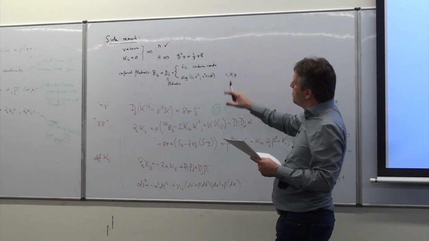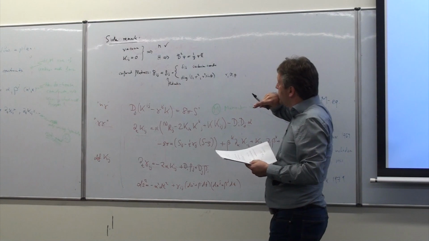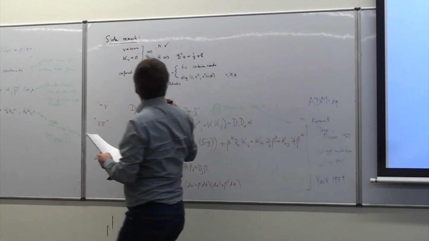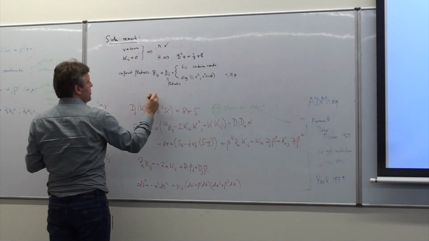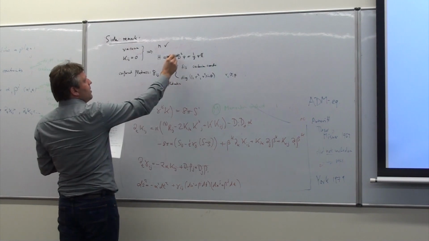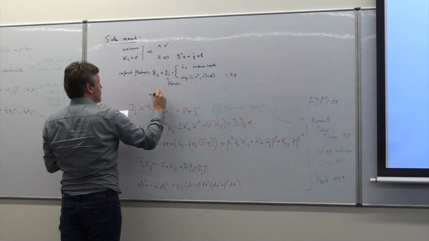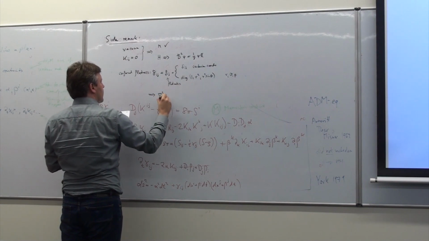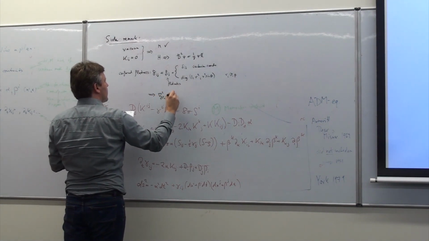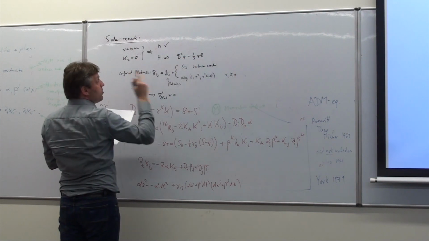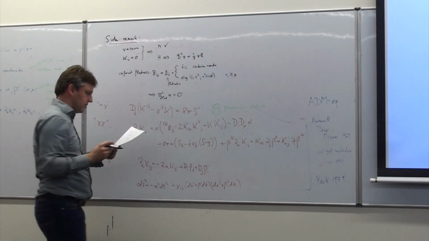But if you now choose a flat coordinate metric, then the Hamiltonian constraint simplifies further. The Laplacian just becomes the flat Laplacian, and the right-hand side becomes 0 because our R is 0.